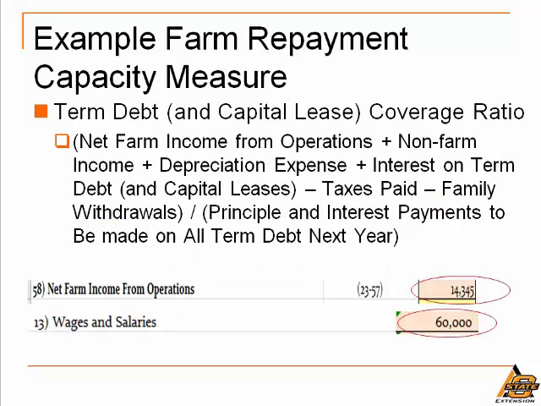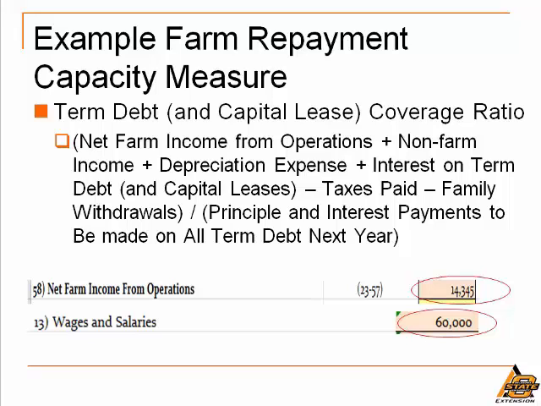Finally, as an example of a repayment capacity measure based on the case farm values, here we work through the calculation of the term debt coverage ratio. The first step is to calculate all sources of income that could potentially be used to make principal and interest and capital lease payments if relevant.